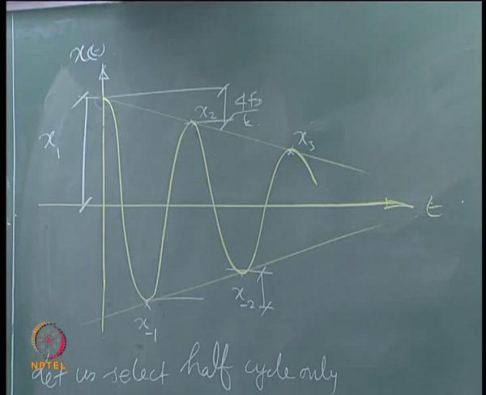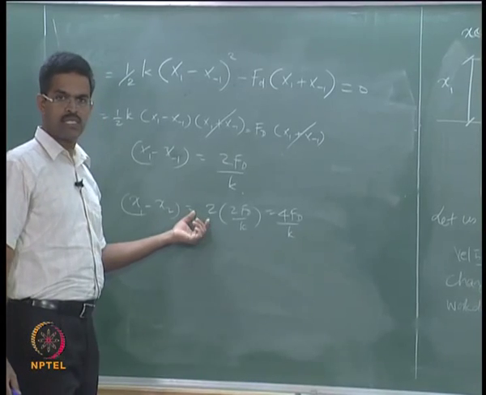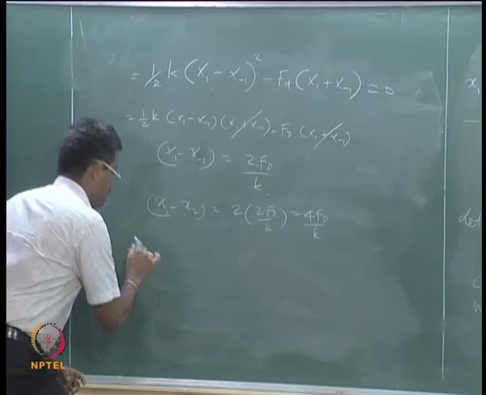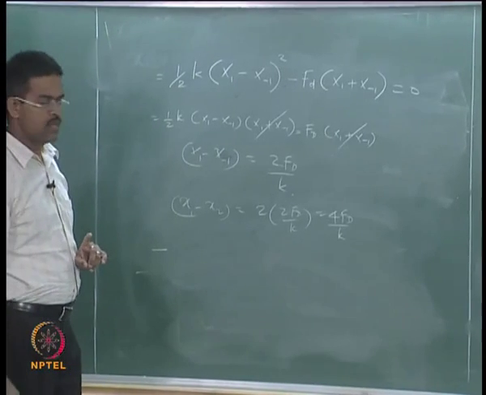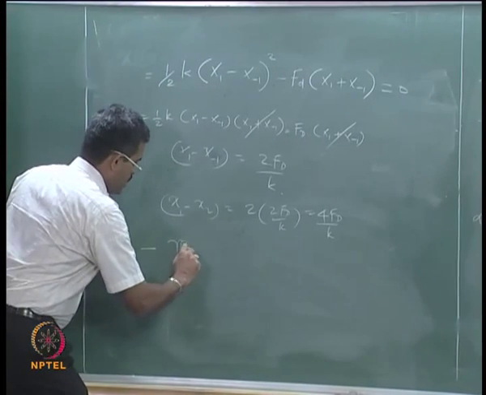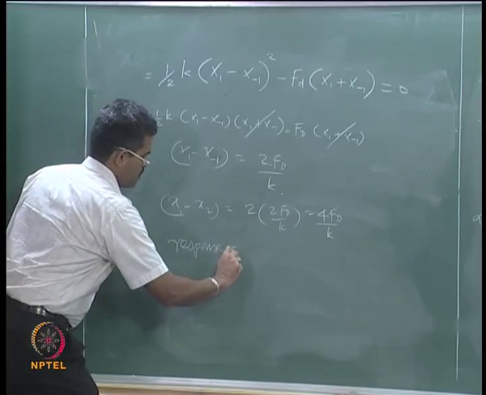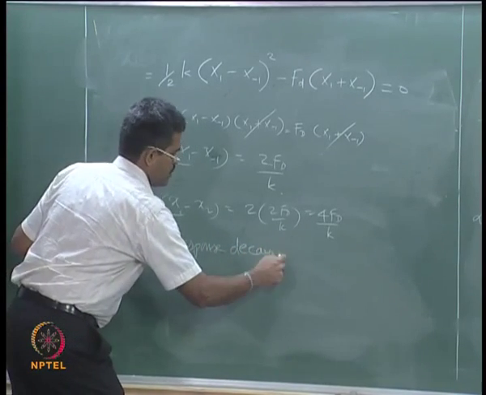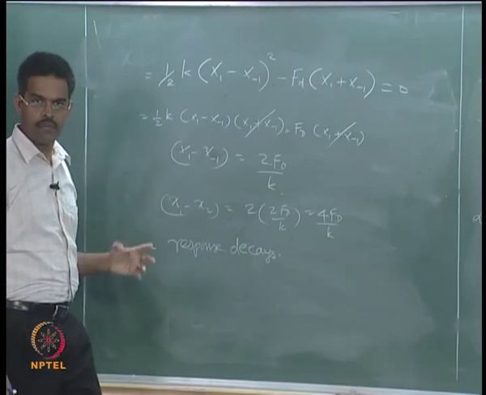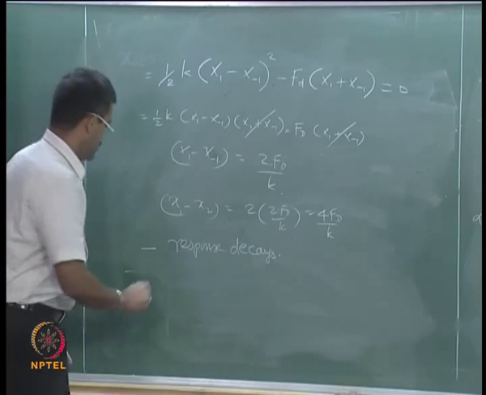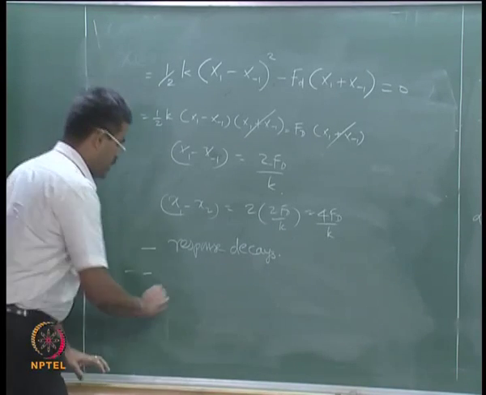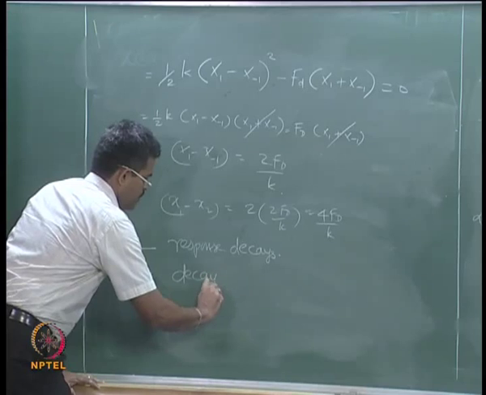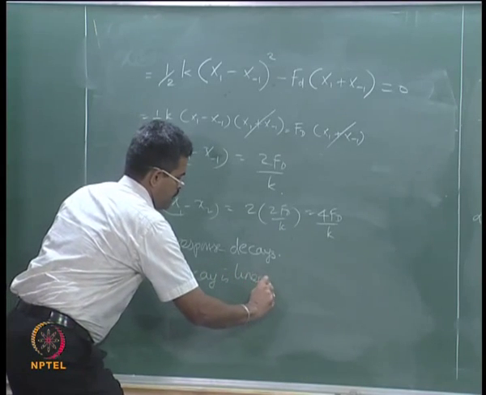So there are some inferences I can draw from this understanding. They are the following. One, response decays, no doubt, even when you use Coulomb damping, but the decay is linear.